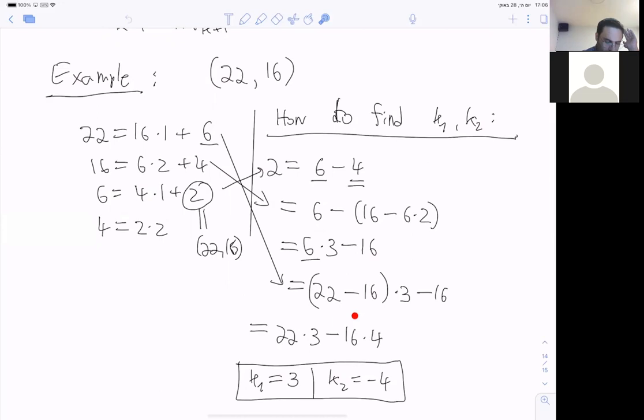The coefficient of the king is 3, and the one of the queen is minus 4. So this is the integral combination that gives you 2.